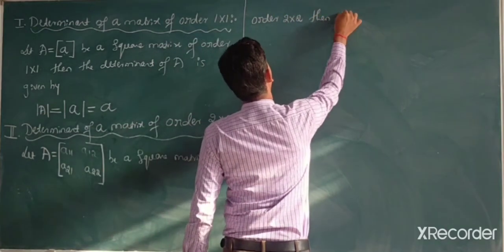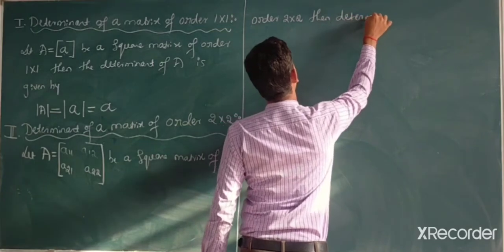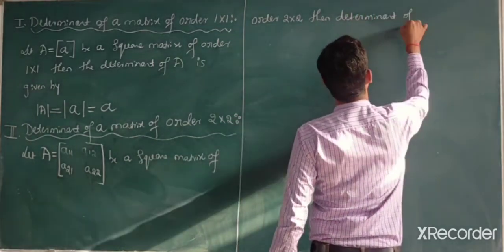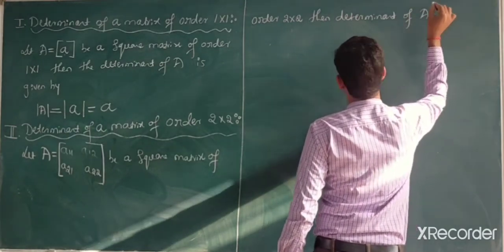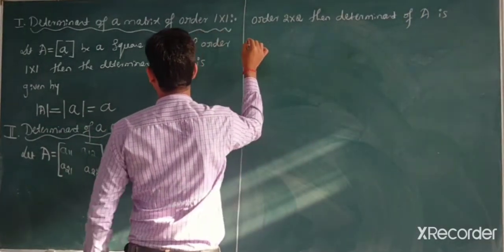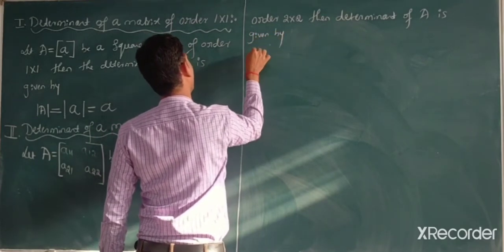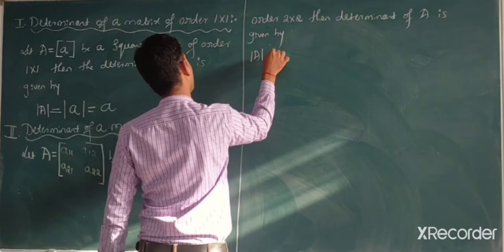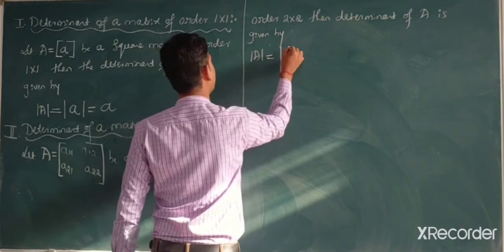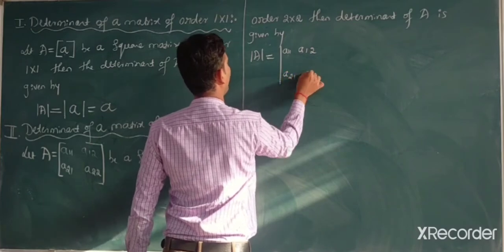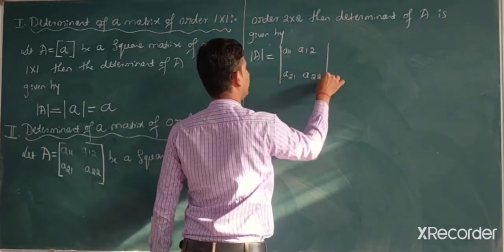Then the determinant of A is given by the determinant of A, which is equal to this value: A11, A12, after that A21, A22.